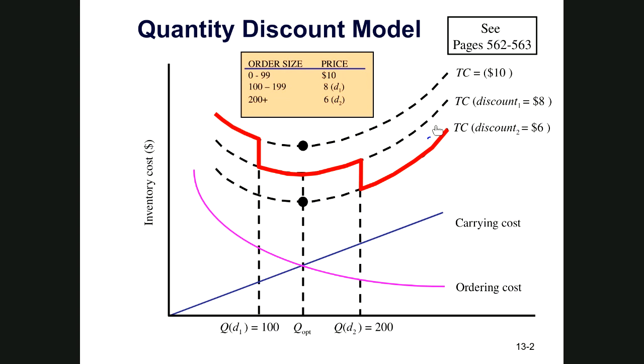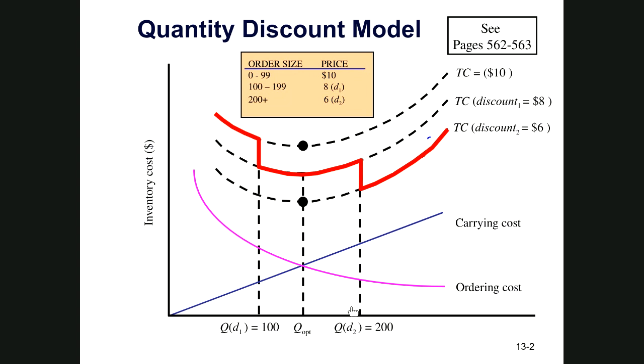So these dotted lines represent the total cost, which includes the purchase price. This would be the most expensive, the purchase price at $10. The second curve here would be the next most expensive at $8 per item. And then this third curve is the least expensive at $6 per item.